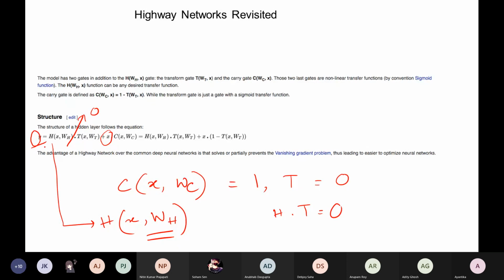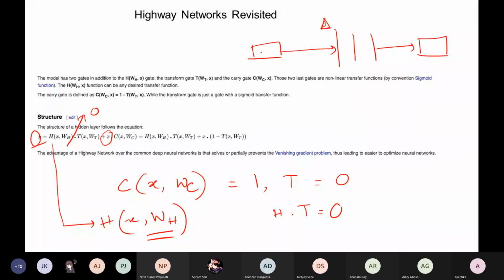Now we will see how it is meaningful to actually reduce the vanishing gradient problem. The problem was that whenever there are a huge number of layers, this delta value decreases, and we get a very small value to update the weight.